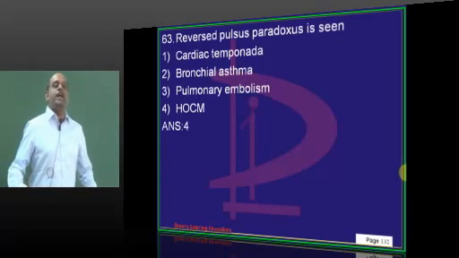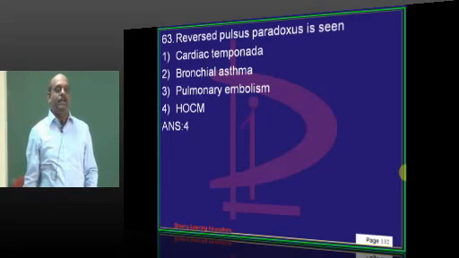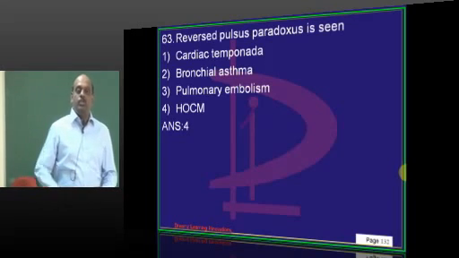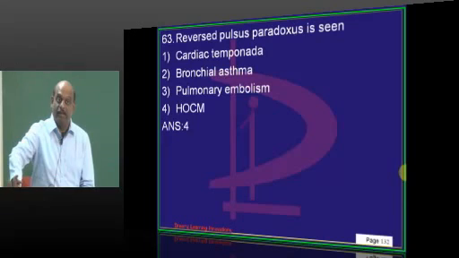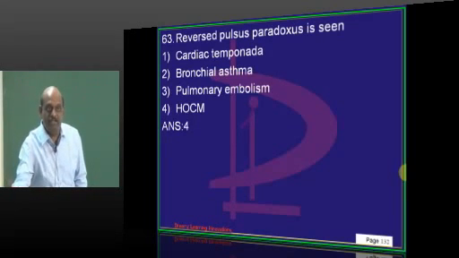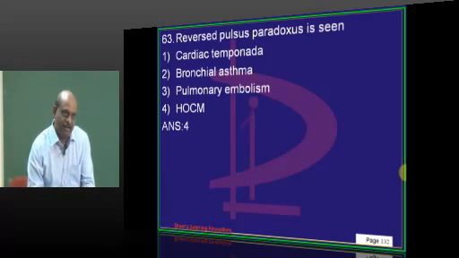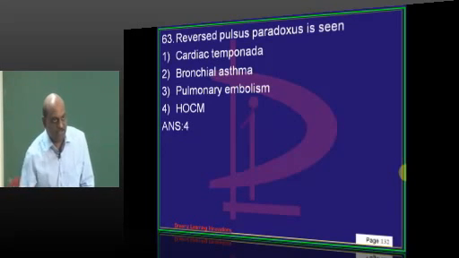There is a negative intrathoracic pressure which will bring an increased venous return into the right side of the heart, which will press on the left side of the heart. It presses it so much that left-sided output will diminish and hence the pulse will diminish, cardiac stroke volume will diminish, that is called pulsus paradoxus.